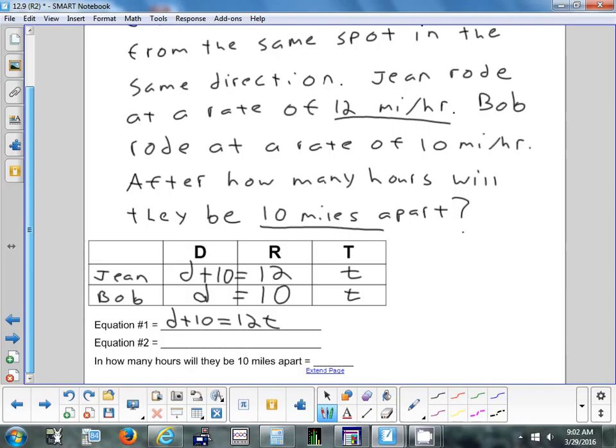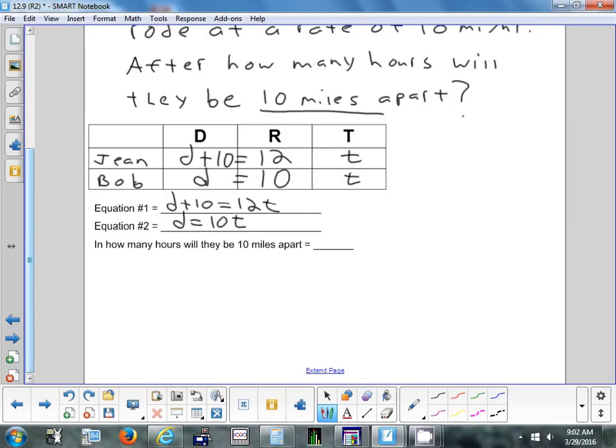Okay. Who can tell me my second equation? D equals 10 t. Good. Listen to you. What letter do we already have by itself? D, and in which equation is it by itself? The second one.